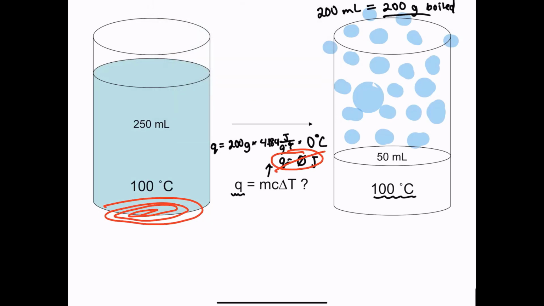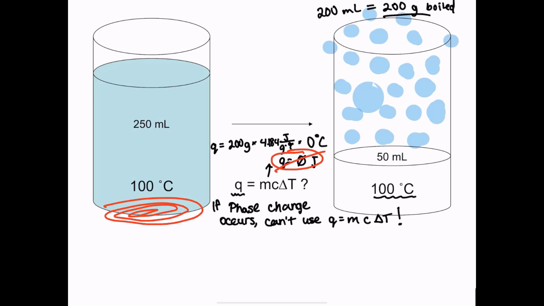The problem is basically that this equation has failed us, and it is all because a phase change has occurred. So what happens is that if you have a phase change, you cannot use Q equals MC delta T. And in fact, you can't even really use specific heat, because specific heat assumes that you have a temperature change going on. And what's going on with phase changes is that a phase change happens at a single temperature.